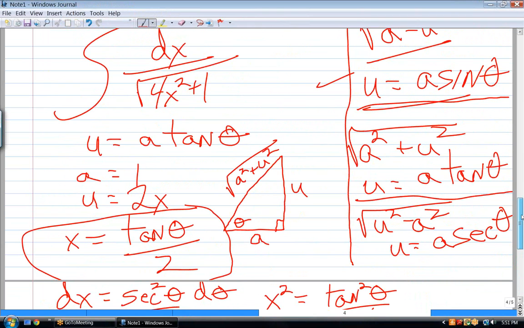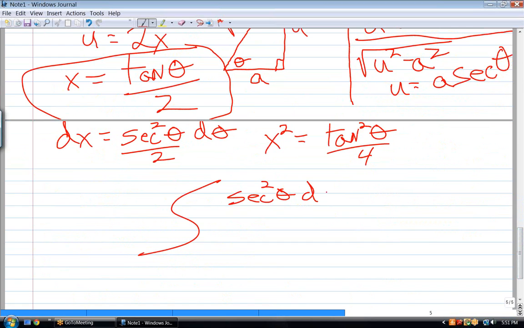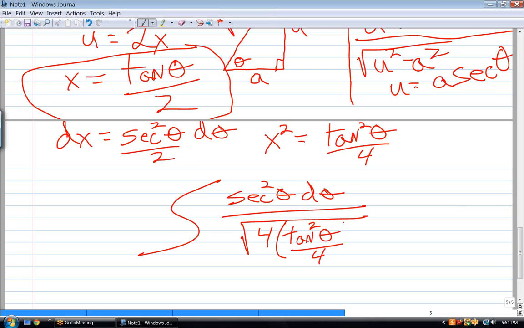Okay, so for dx, I'm going to substitute secant squared theta d theta. And for the bottom, which was the square root of 4x squared plus 1, well, this is x squared, so I'll substitute that.